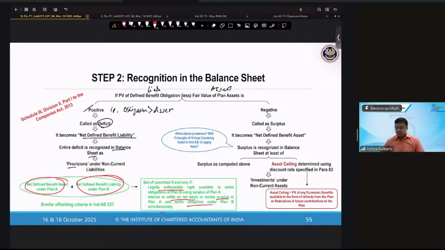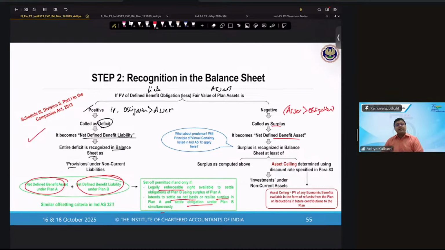Yes? ठीक है. What if it is negative? That means asset is greater than obligation. I went on putting money and today I note उतना obligation है ही नहीं जितना मेरा asset है. So we call this a surplus. It becomes a net defined benefit asset.